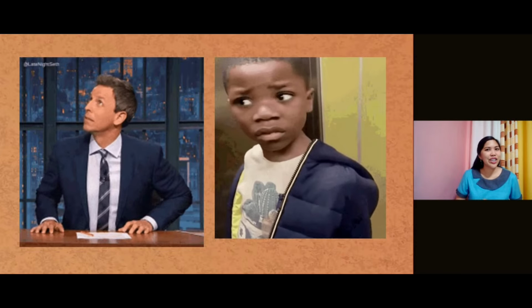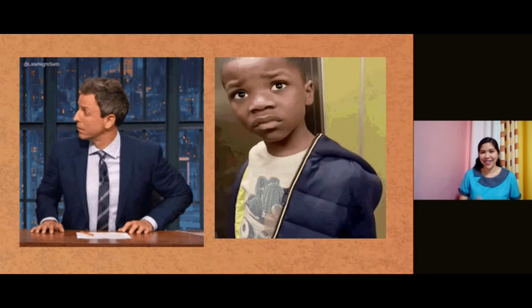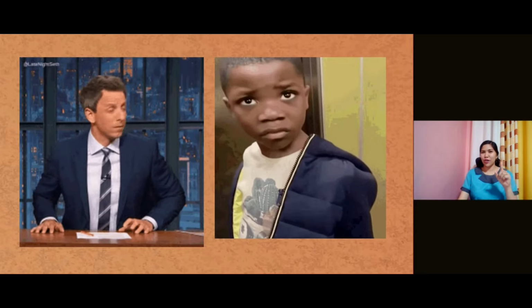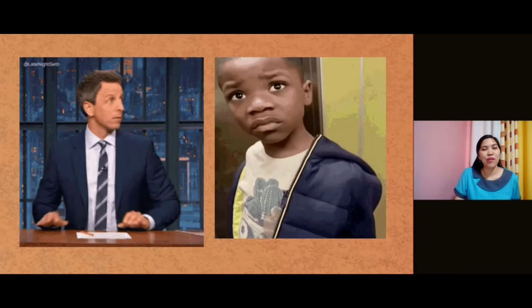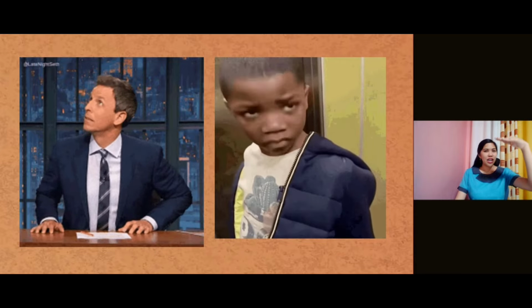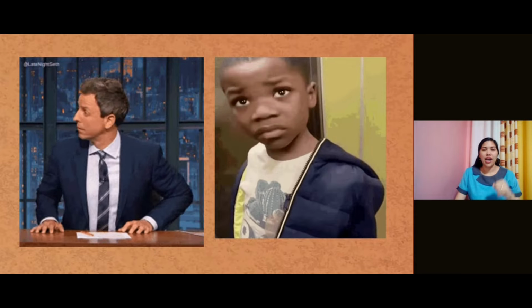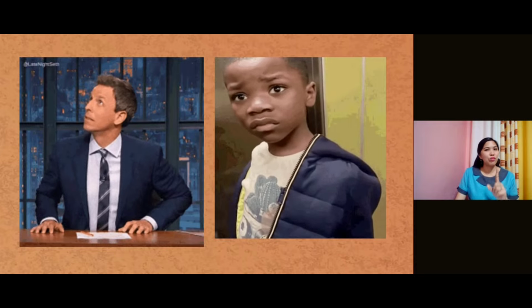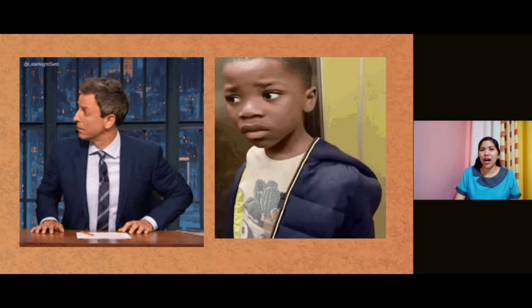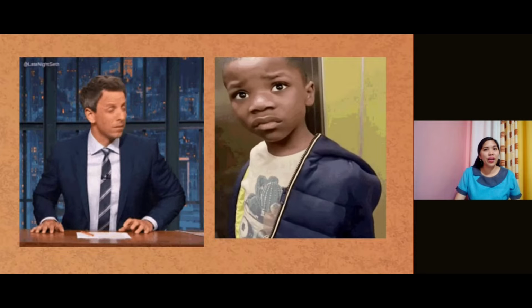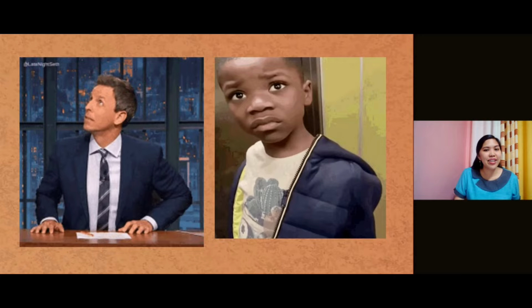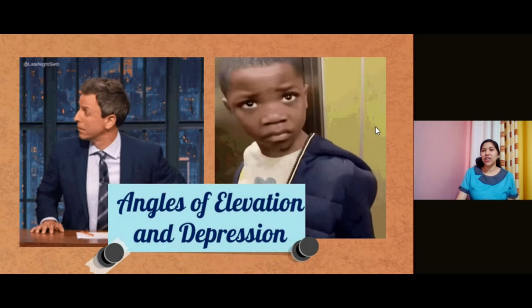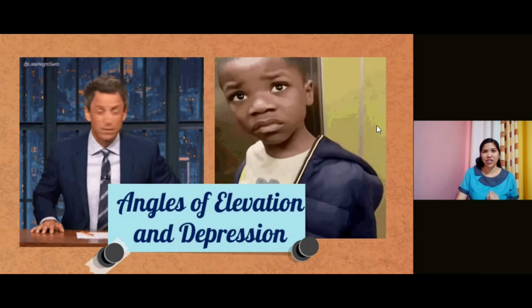Have you tried thinking about that? We look up to see the things above us, and we look down to see the things below us. As we look up and as we look down, there are angles that are formed. These angles are what we call angles of elevation and depression.